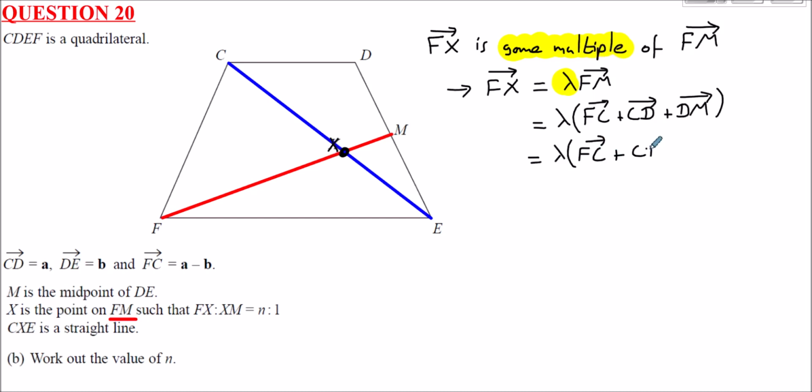So I'll add this in here. From D to M is just half of the way from D to E.